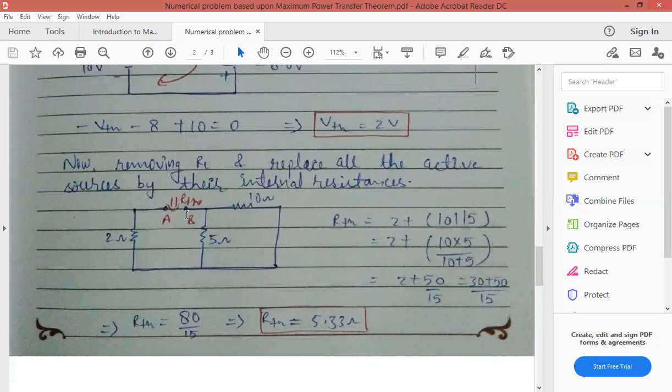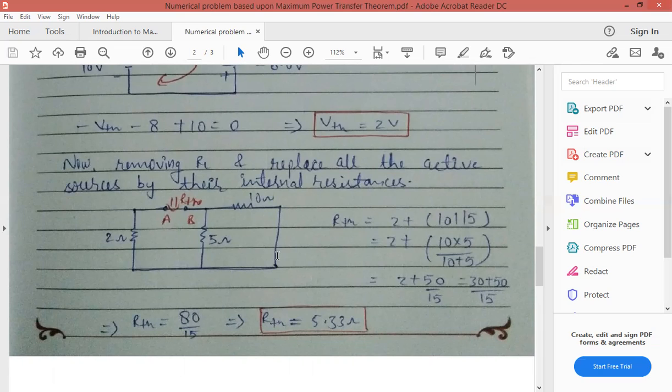Here we removed the load resistor RL, so we get open ends A and B. From here we will calculate the value of RTH, and this will be a short circuit branch, because here the 24 volt source was available.